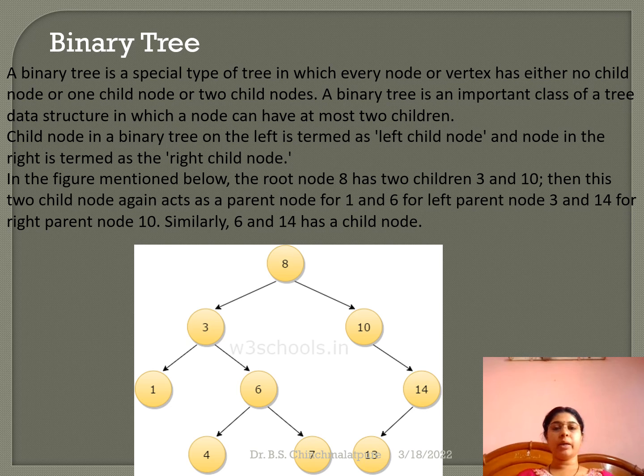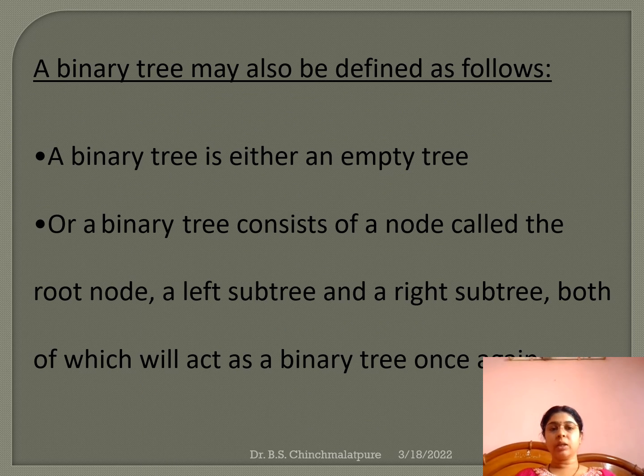In that binary tree, trees follow basically two or three things. First, whenever we create a binary tree, it is not an empty tree, meaning there is a necessary condition of adding two child nodes.